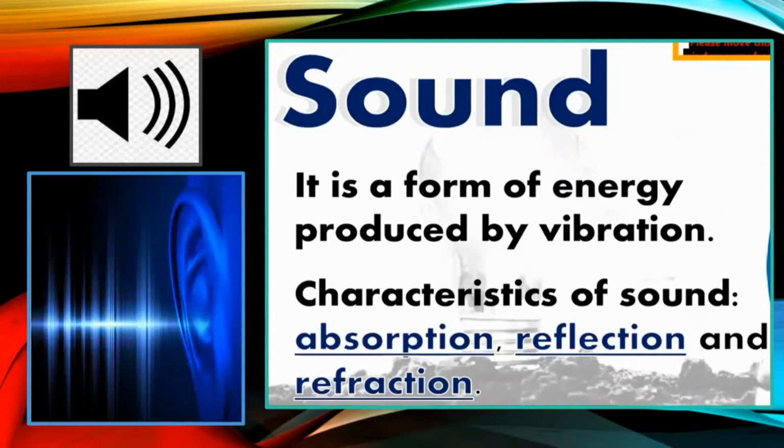What is sound? Sound is a form of energy produced by vibration. A sound wave occurs when air particles alternate between being bunched together, compression, and spread out, rarefaction. Sound waves travel through particles, either a solid, liquid, or gas.